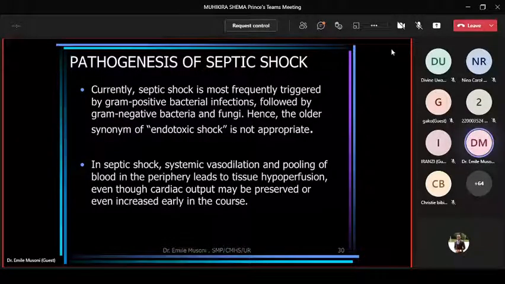So don't confuse shock and anemia. You can have anemia without hypotension.